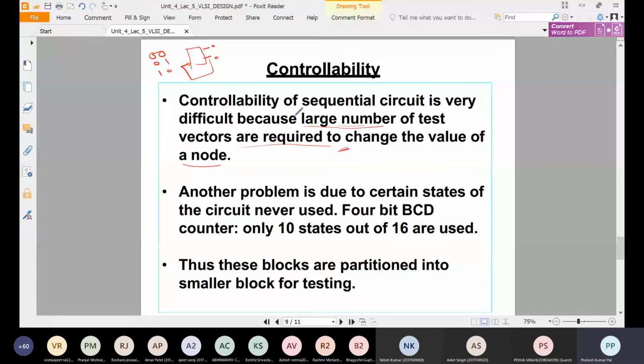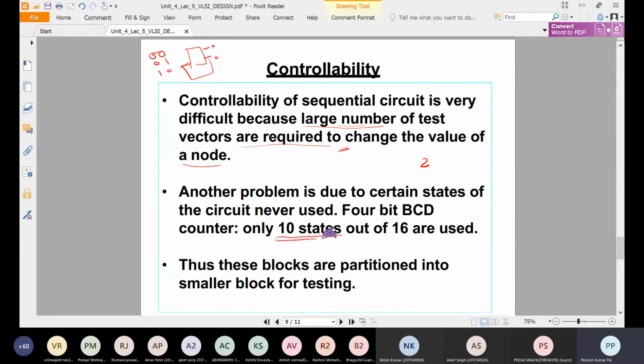Another problem is that certain states of the circuit are never used. Also in the case of sequential circuits, like BCD numbers, instead of 16 possible combinations of bits, we are only using 10 states.